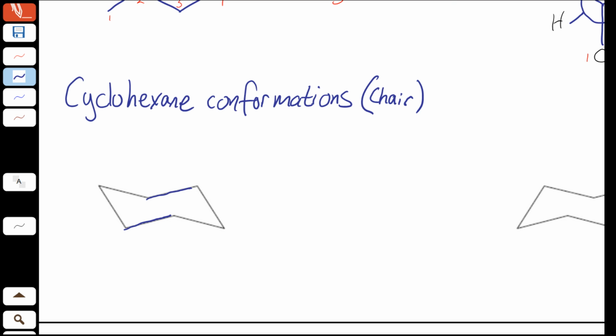All of these chair conformations are constructed from sets of parallel lines. You've got two parallel lines in the middle, and then two parallel lines on the left and right sides, and the other two should also be parallel.